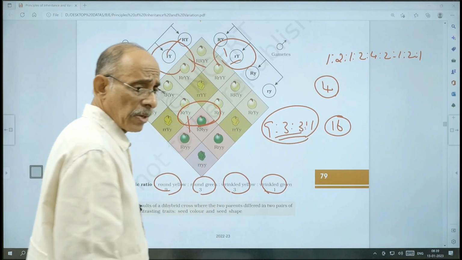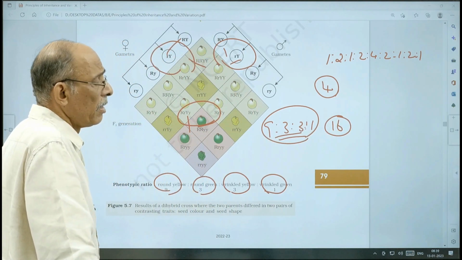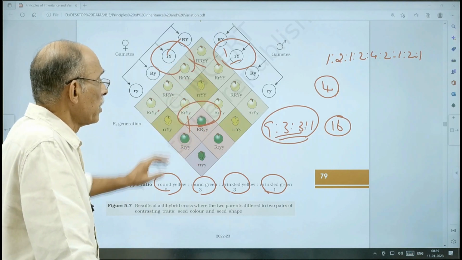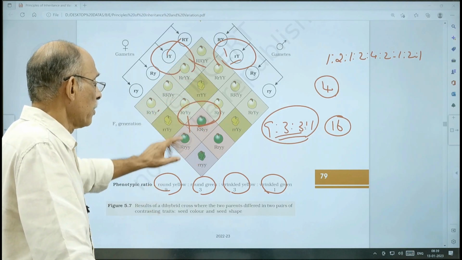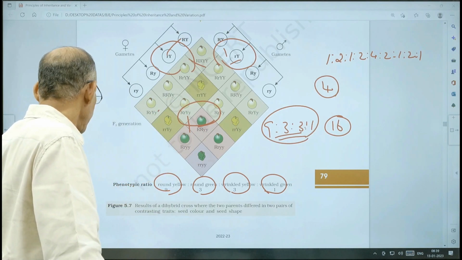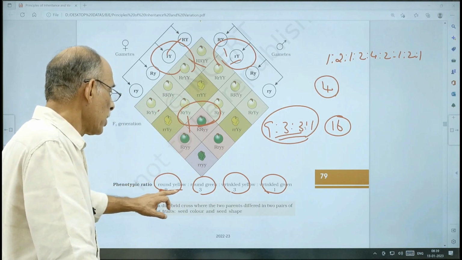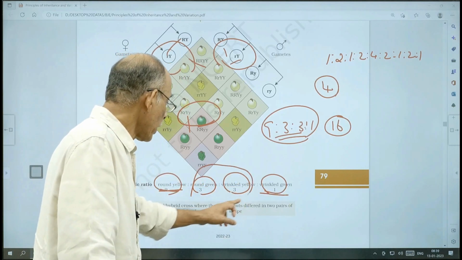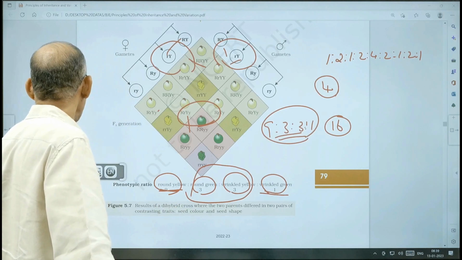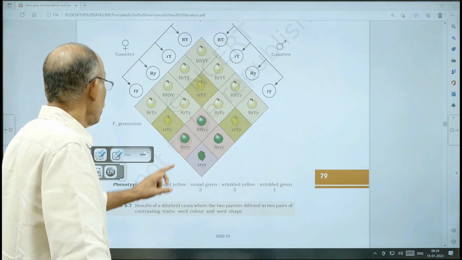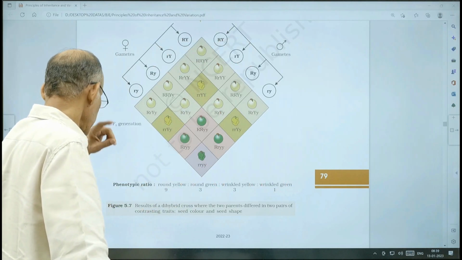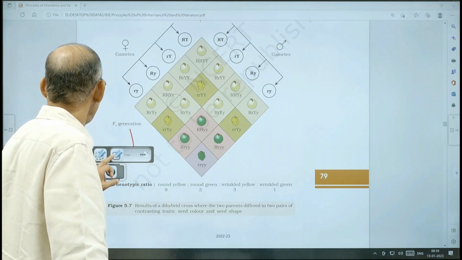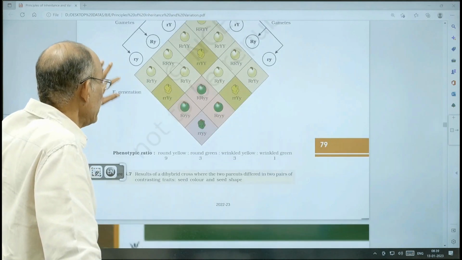So in the monohybrid cross the total progeny in the F2 was 4, and in this dihybrid cross the total number of progeny in the F2 is 16. So we get 2 parental types, round yellow and wrinkled green, and these two are new types. After this dihybrid cross, Mendel proposed one law known as the law of independent assortment.